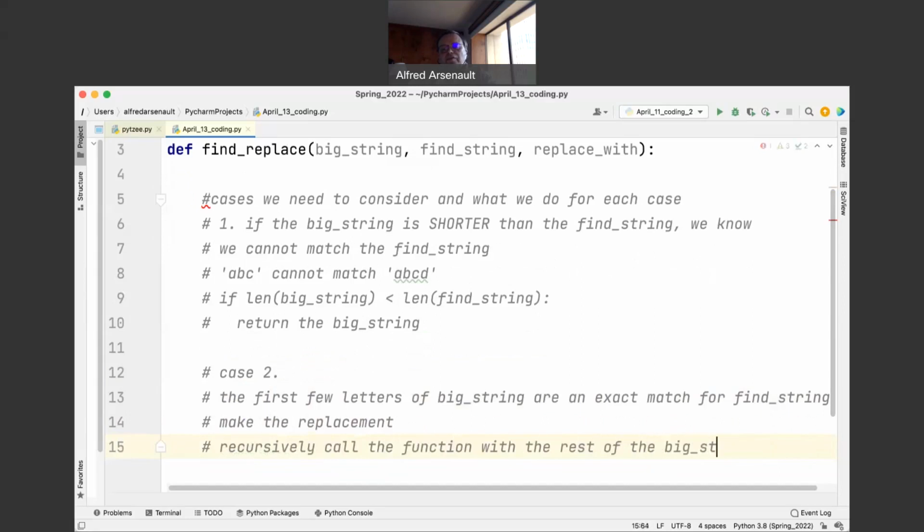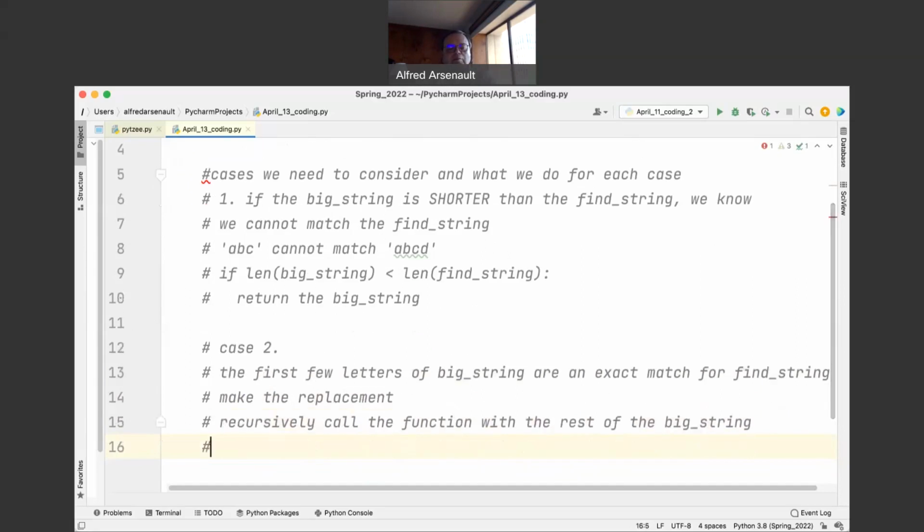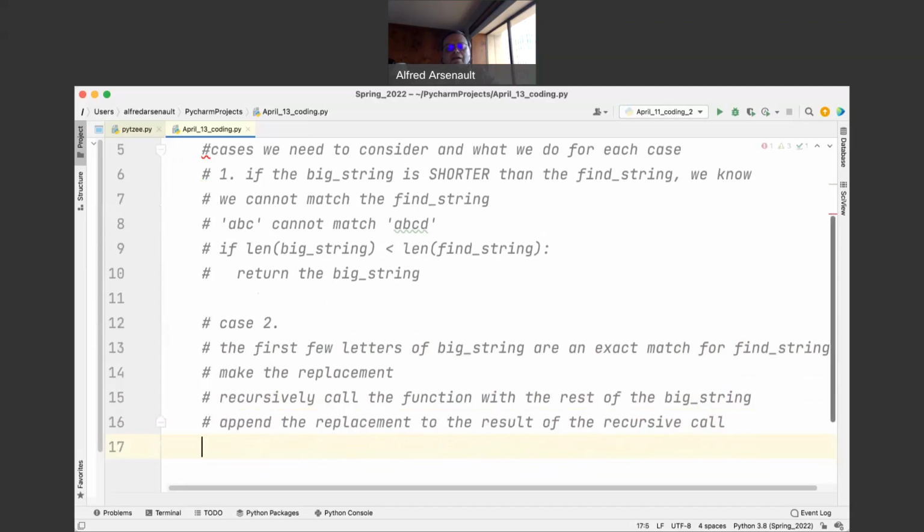This is the hint that you saw on the assignment. And then you're going to append the replacement to the result of the recursive call.